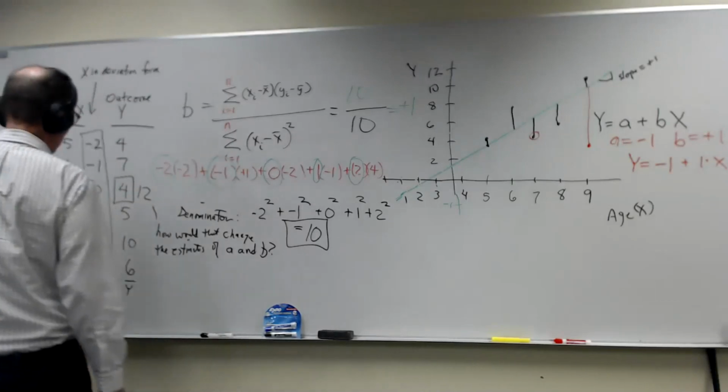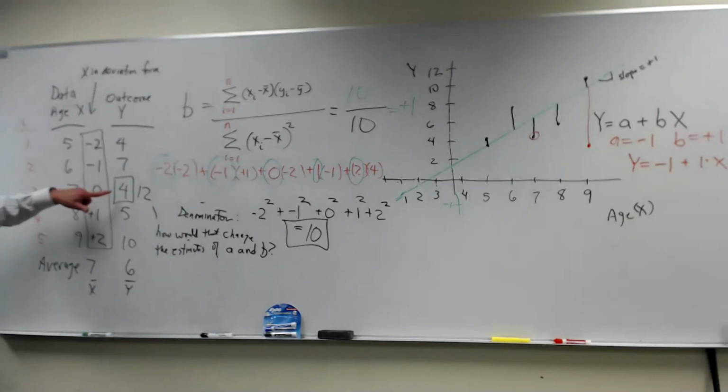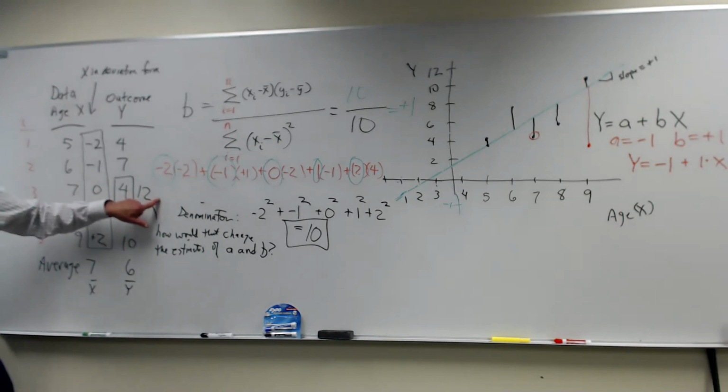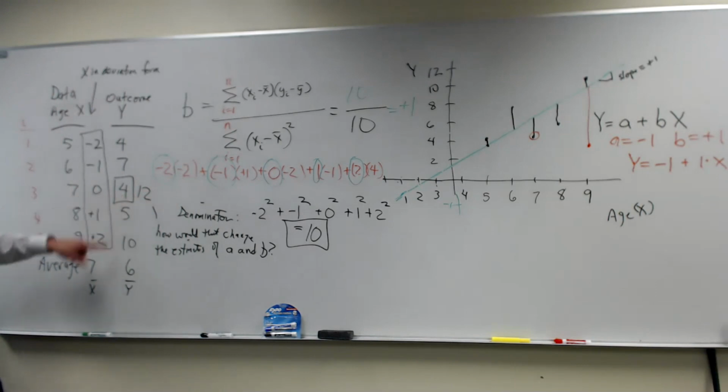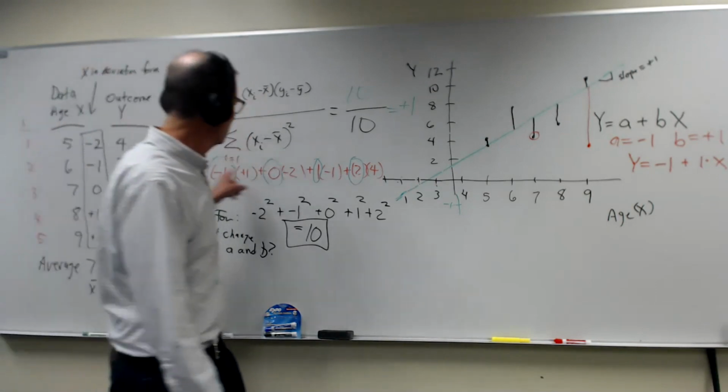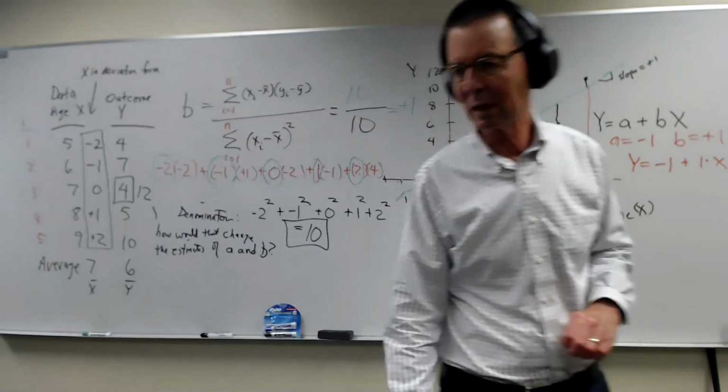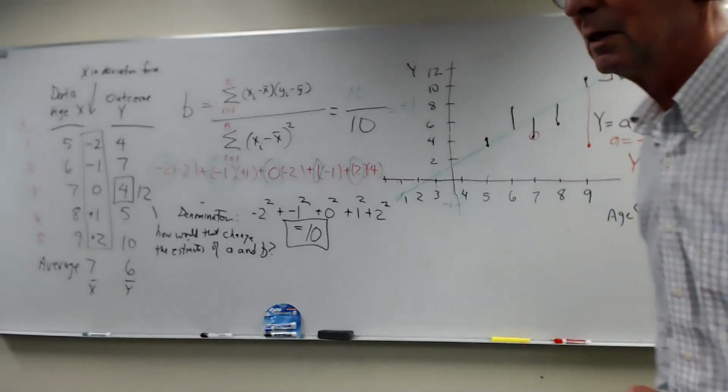So the question was, if in the middle of the data we're changing this from 4 to 12, because 12 is so much bigger than 4, we're also changing Y bar, right? So if we're changing Y bar, we're changing the calculation for the slope.